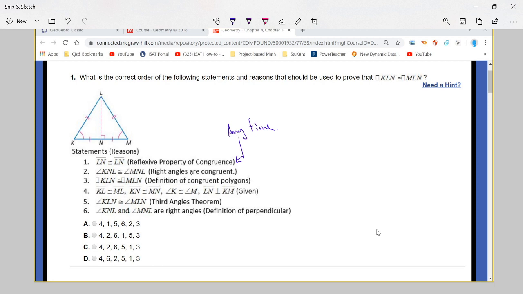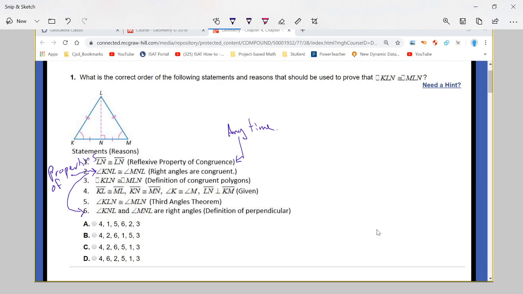And here it says right angles are congruent. Well, that's true, but we don't know for sure yet. This is a statement about the properties of right angles, and before I can make a statement about the properties, I have to make a statement that they are right angles.